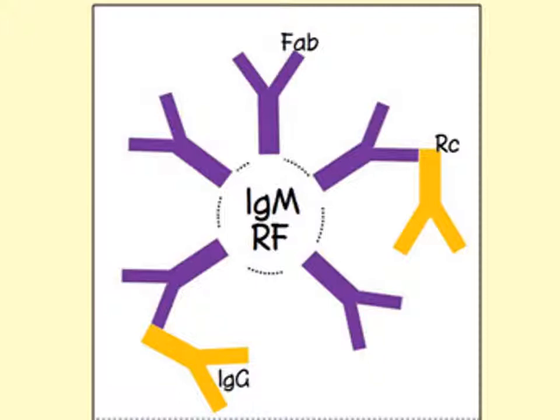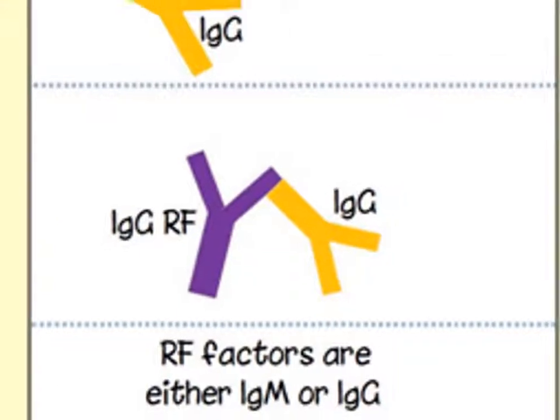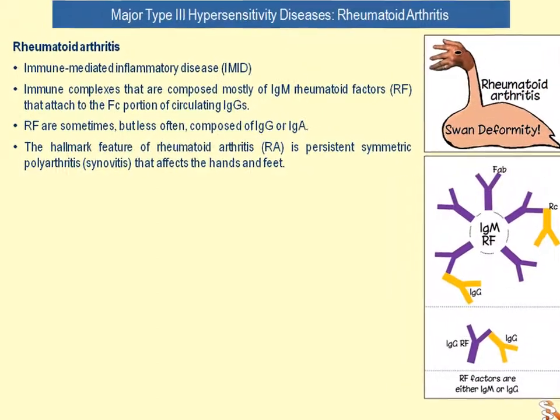Rheumatoid factor less frequently may be composed of IgG or IgA. The hallmark feature of rheumatoid arthritis is persistent, symmetric polyarthritis or synovitis that affects the hands and feet.